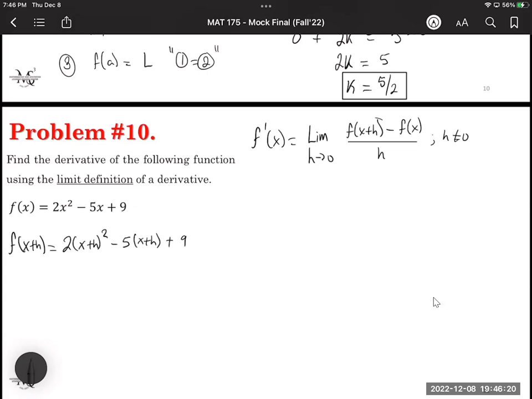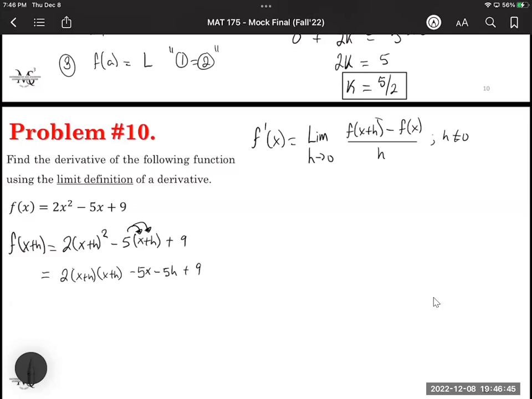Now the (x plus h) squared, you can expand that out. You can say that you have 2 times (x plus h) times (x plus h). Actually, I could distribute the negative 5 here, getting negative 5x, negative 5h, plus 9, so that I don't have to keep writing out negative 5 in parentheses.